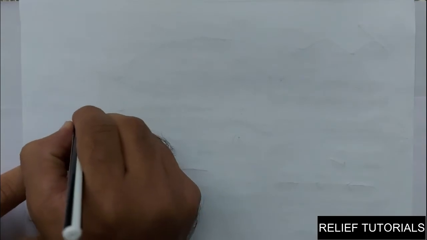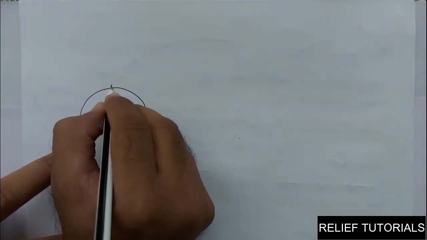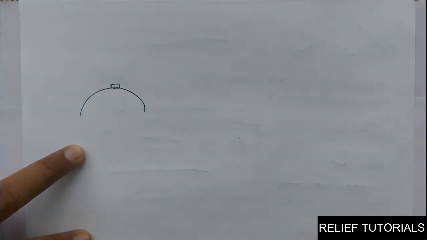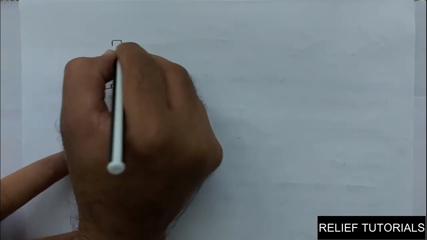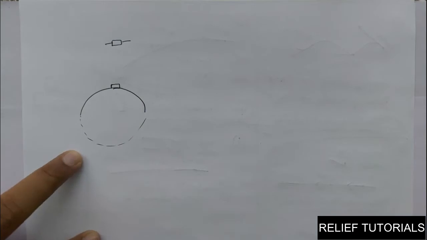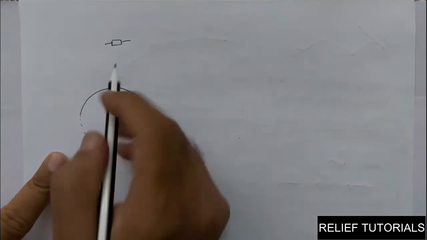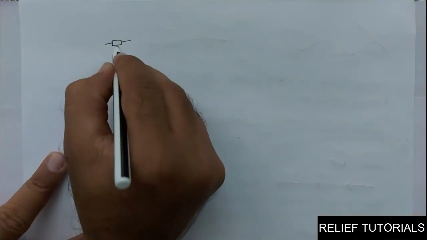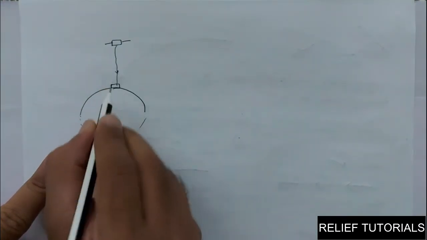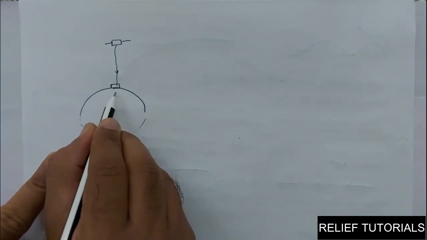During one of the experiments, a signal from the spaceship. Consider here is the Earth. Here is the station on the Earth. And here is the spaceship. That spaceship sends some signals, and that signal reached the ground station in 5 minutes.